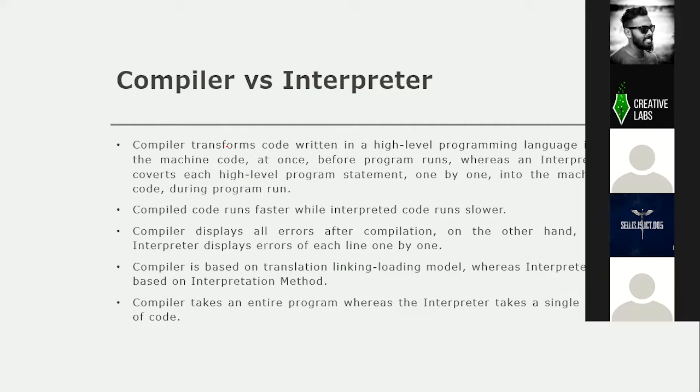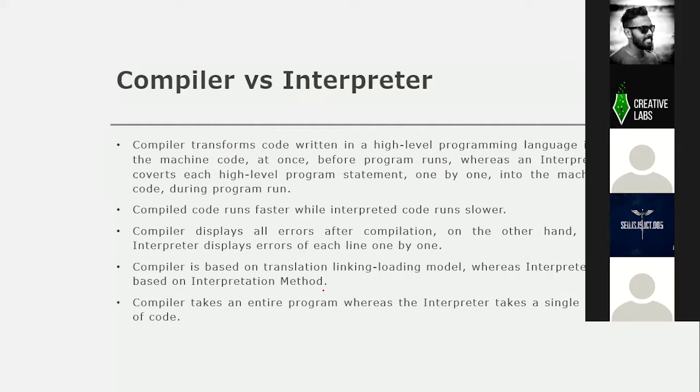The compiler is always faster than the interpreter, and a compiler can display all the errors after compilation, but the interpreter only displays errors one by one, not at one point. The compiler is based on a translating, linking, and loading model, whereas the interpreter is based on an interpretation method.